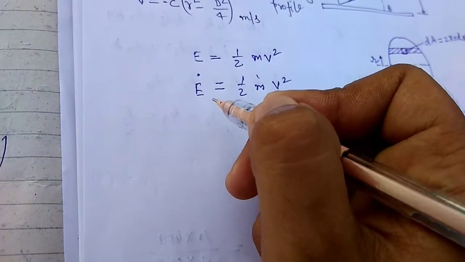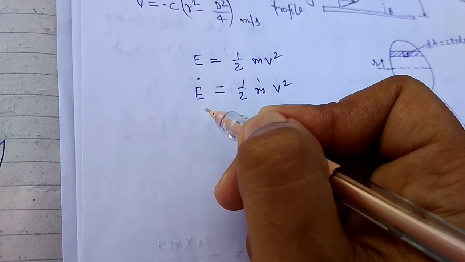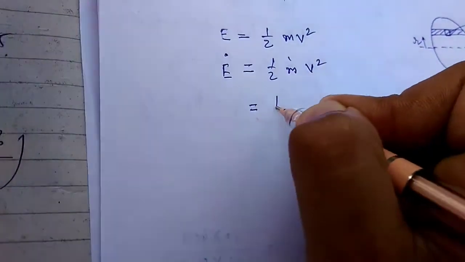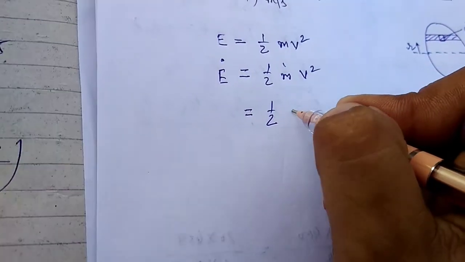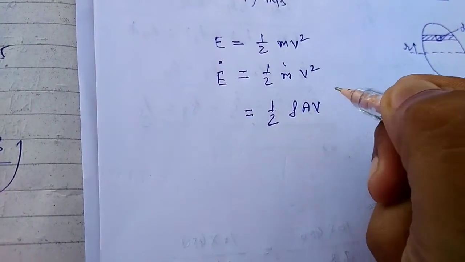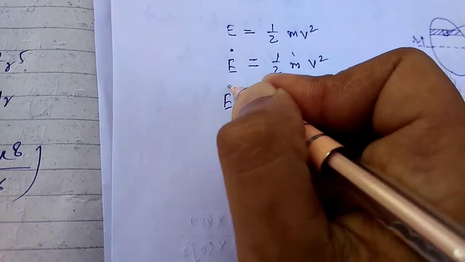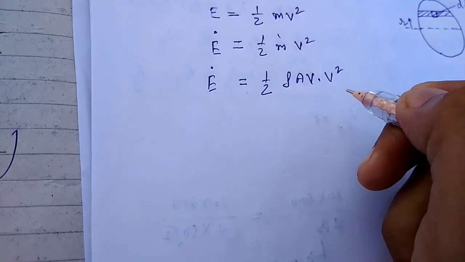So this is the rate of kinetic energy. Now half m dot can be written as rho A v, and this is v square. So this is the E dot.